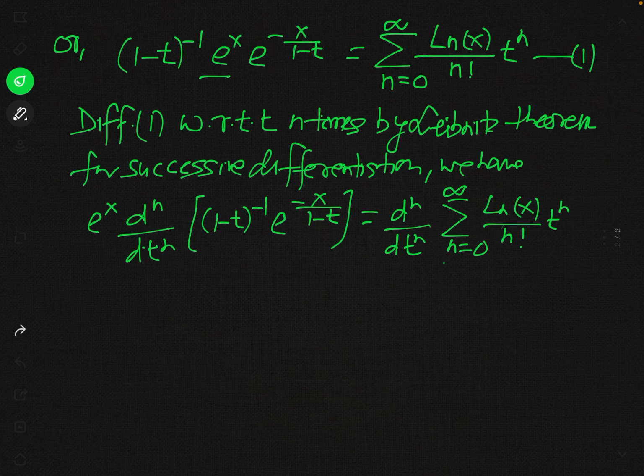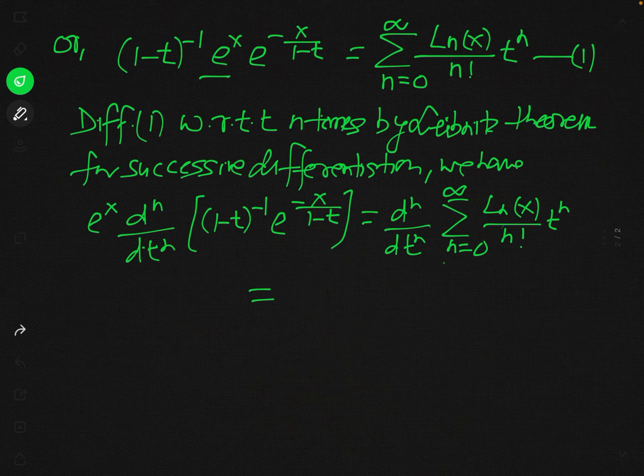Now let us simplify the RHS of this equation. You can see, if we differentiate any function containing power n, n times, then the terms containing the power up to power n minus 1 will vanish.